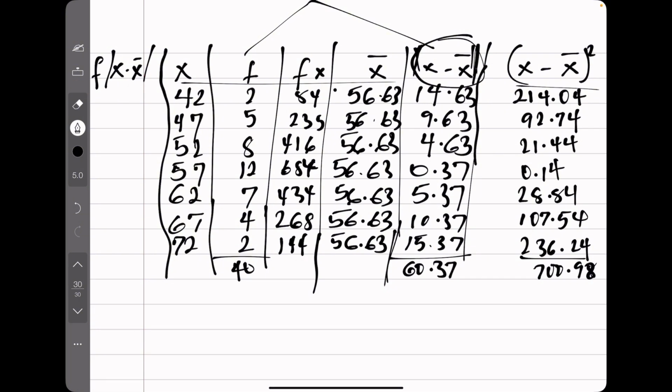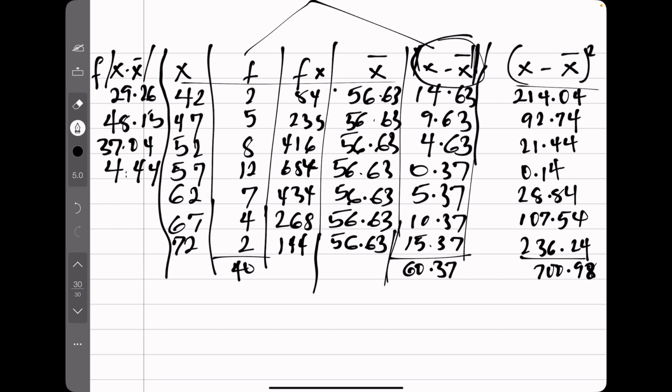So that means 2 times 14.63 is 29.26, and 5 times 9.63 will be 48.15, and 8 times 4.63 equals 37.04, and 12 times 0.37 equals 4.44.